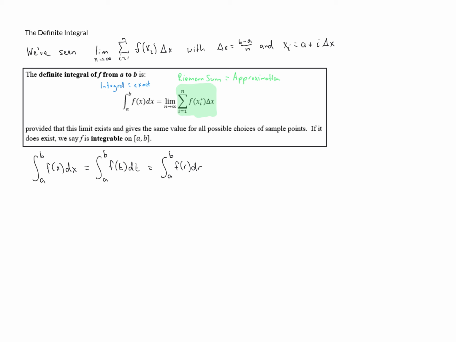So we do a Riemann sum first as an approximation, and then we use more and more rectangles, or we use more and more subintervals. And as we take that limit as n goes to infinity, that gives us the integral, which gives us the exact answer. It's a small but important distinction between those things. I want to make sure everyone understands what we mean when we talk about a Riemann sum versus an integral, because there is a difference there.